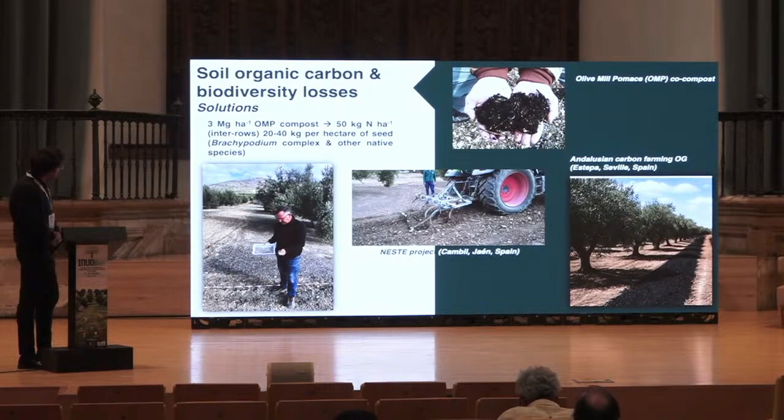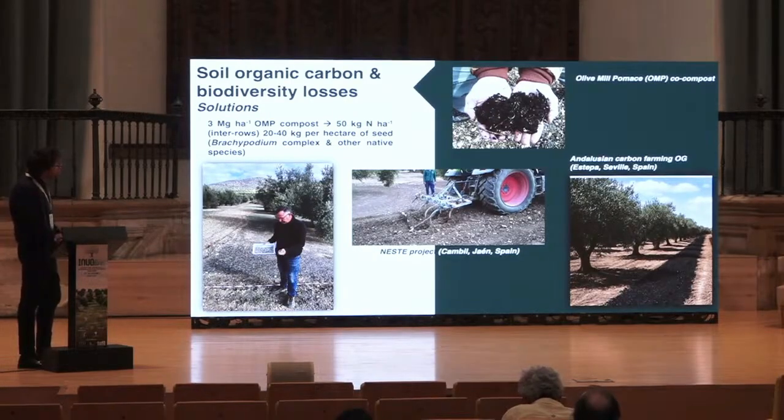Well, the solutions that we are applying or studying to recover the organic matter levels and soil biodiversity were mainly cover crop seeding or spontaneous cover crop management, and also the organic amendments.